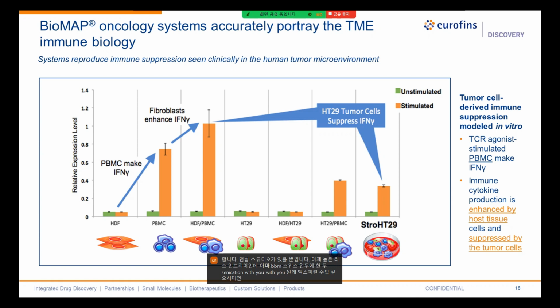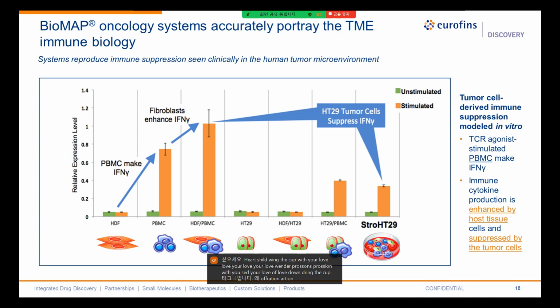Now, HT29, the tumor cell line, a colorectal tumor cell line here, does not show the induction of interferon gamma, either when it's alone or incubated with human dermal fibroblasts. When in the presence of PBMCs, there is an induction of interferon gamma production, and you see that in the full model, the STRO HT29 at the bottom right, where all three cell types are co-cultured together.